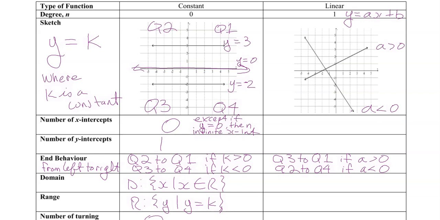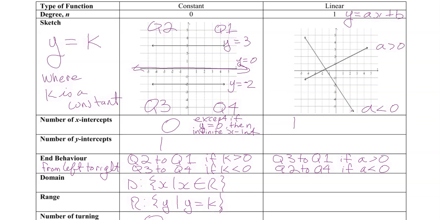Taken individually, each line has how many x-intercepts? So this line has how many x-intercepts? This line has how many? So the number of x-intercepts of a linear function will always be 1. Must it always go through the x-axis?